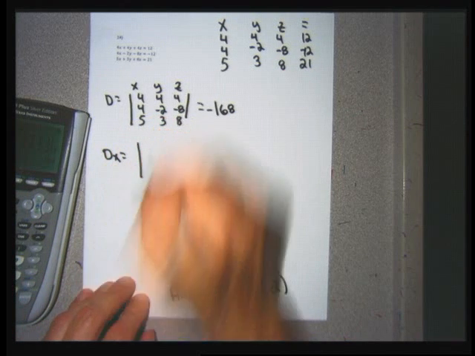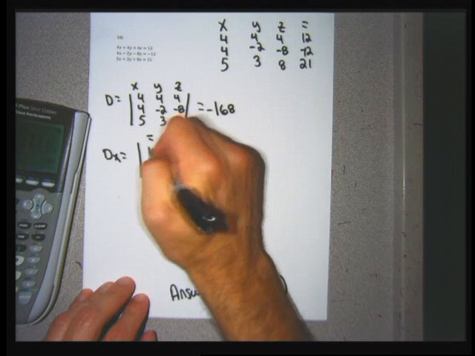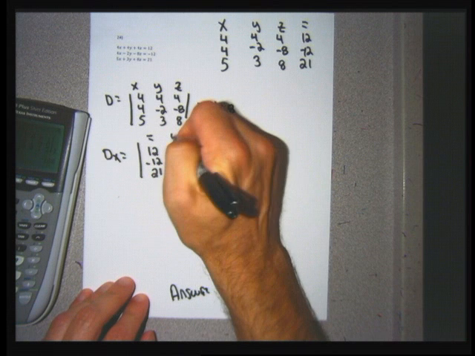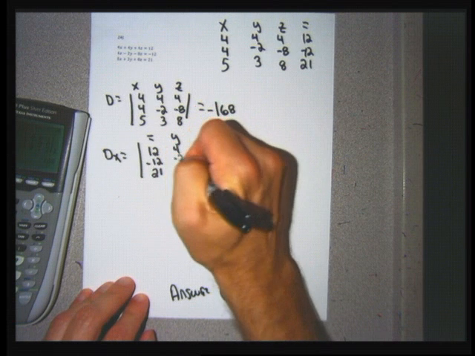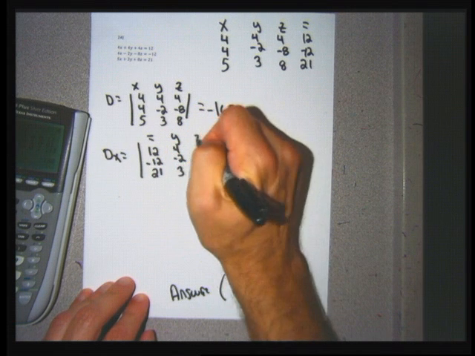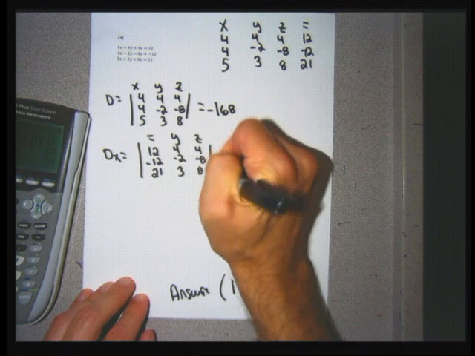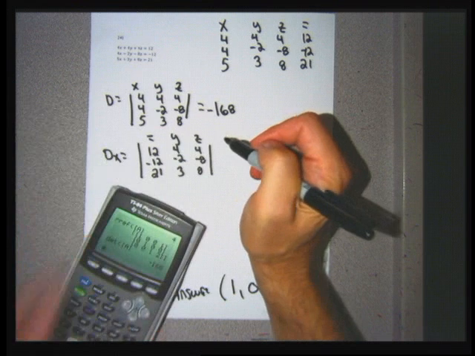The d sub x has to have the equals column, which is 12, negative 12, 21. Then the y column, 4, negative 2, and 3. And then the z column, 4, negative 8, and 8. I'm going to enter that on my calculator.